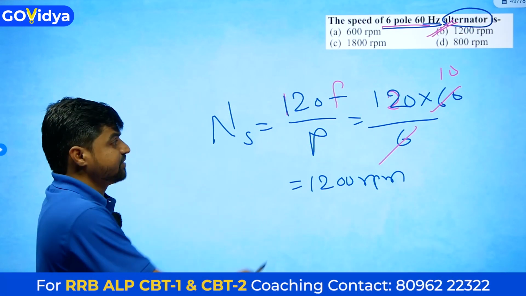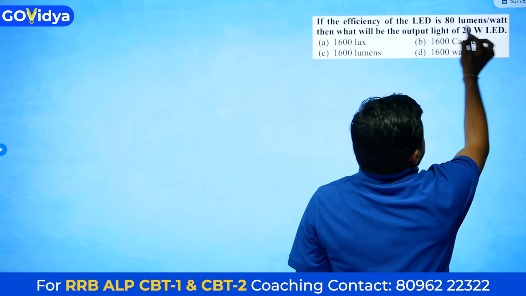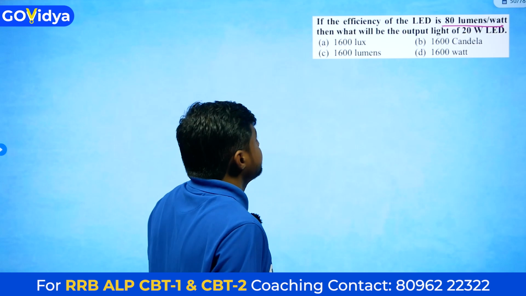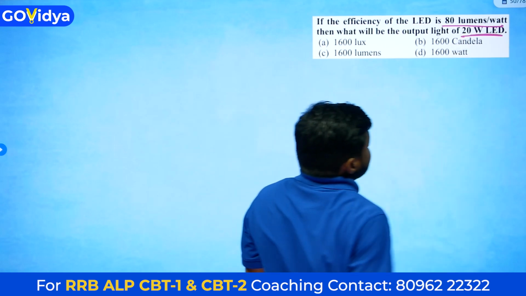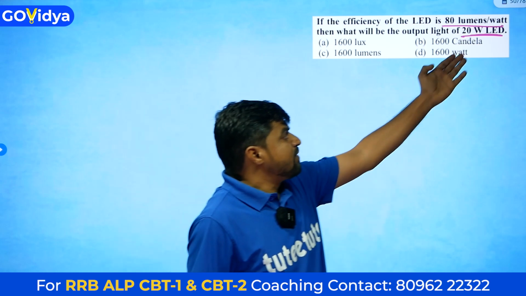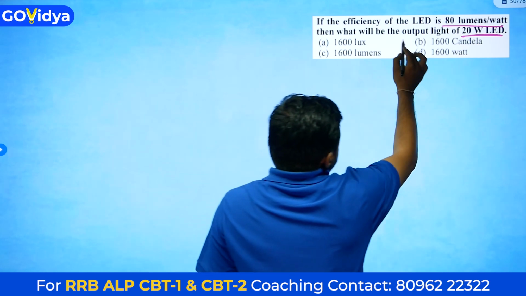Next question, if the efficiency of LED is 80 lumens per watt, then what will be the output of lamp of 20 watt LED? The power rating is given and also efficiency is given, we have to find the output of light.